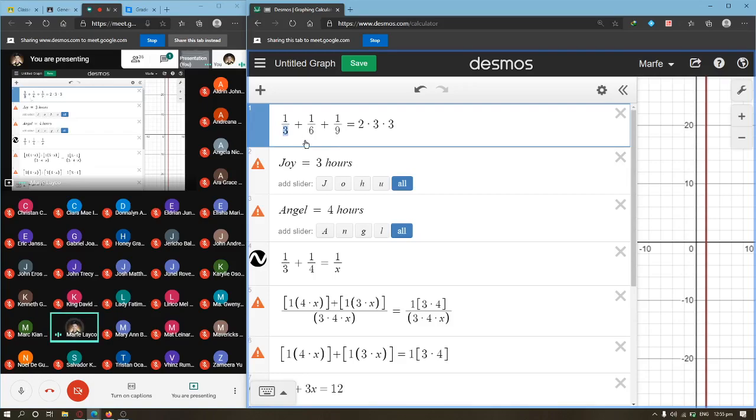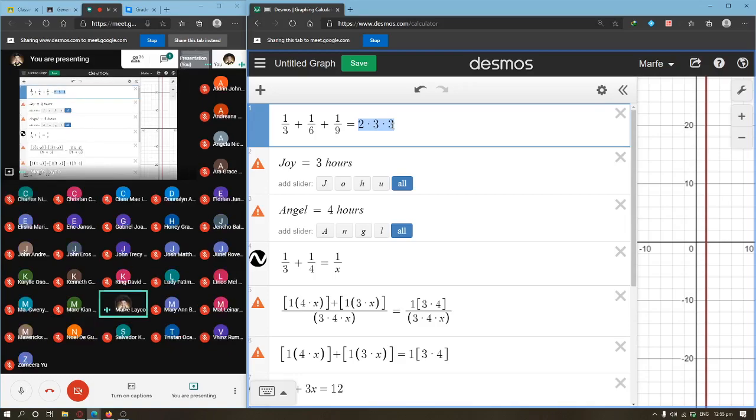So, least common multiple nila is 18. Kung ayaw mo sa least common multiple na 18, multiply mo lang yung mga yan. So, 3 times 6 is equal to 18 multiply by 9 is equal to 162. So, pwede rin 162 yung denominator mo sa kanila.